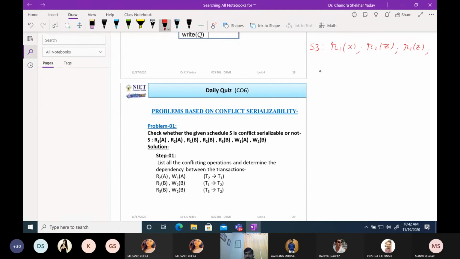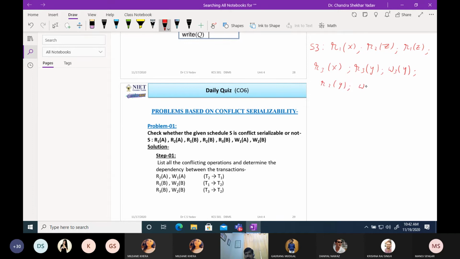Then we will execute R3X. Then R3Y. Then W3Y. And then R2Y.